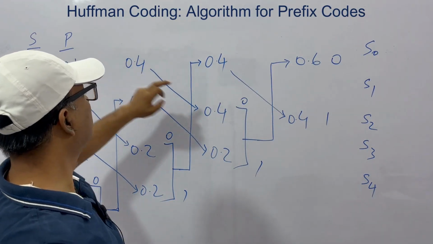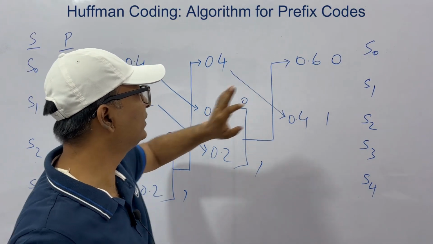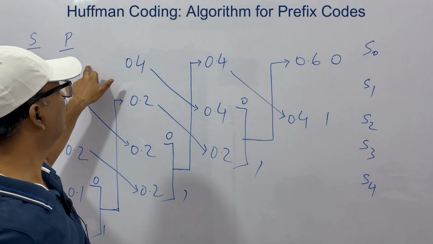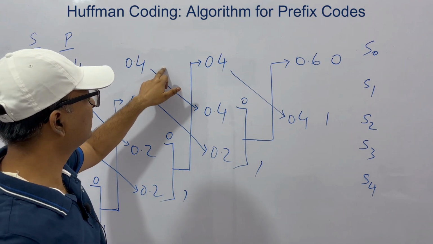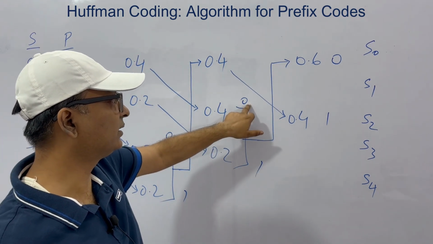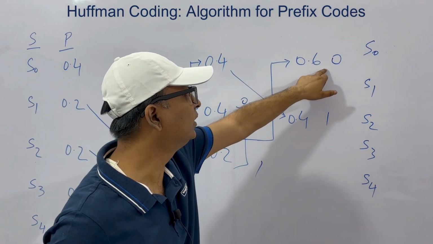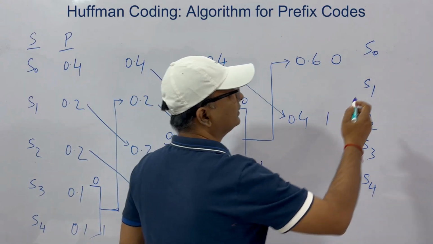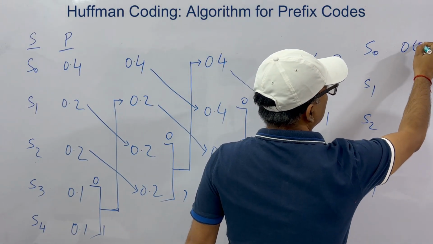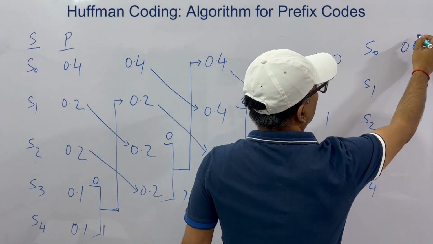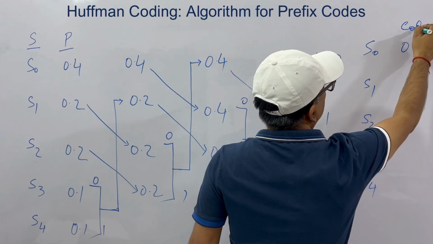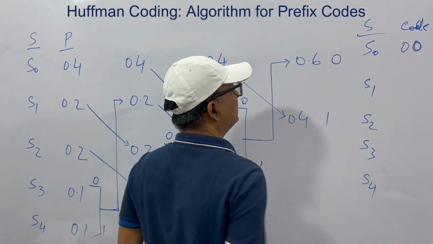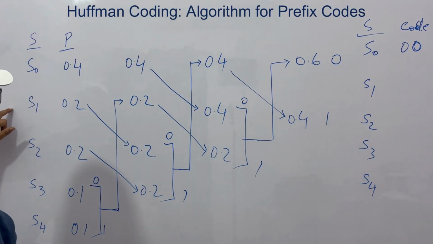The symbols we have given to S0: here we don't have any symbol, here we don't have any symbol. First time we have symbol here is 0, and second time here is 0. So the code for S0 will be 0 0. See, 0 0. This is the code for S0.